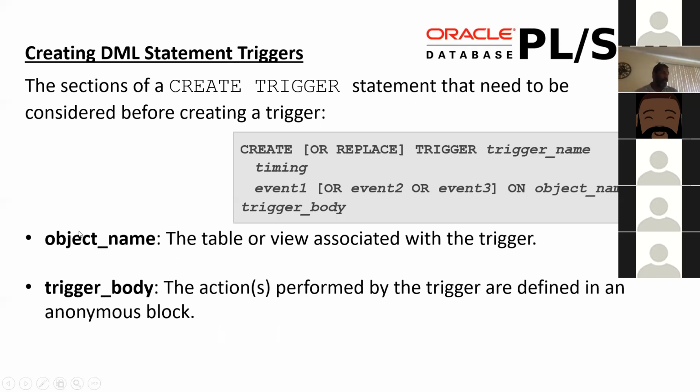And then you have your object name, which is basically the table name that the trigger is associated with. And then you have your trigger body, which is the executable section, basically what is going to happen within an anonymous block when the trigger fires.